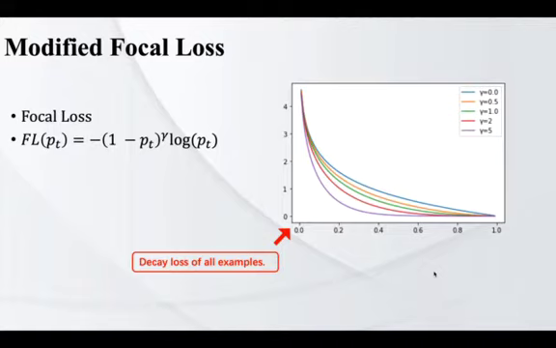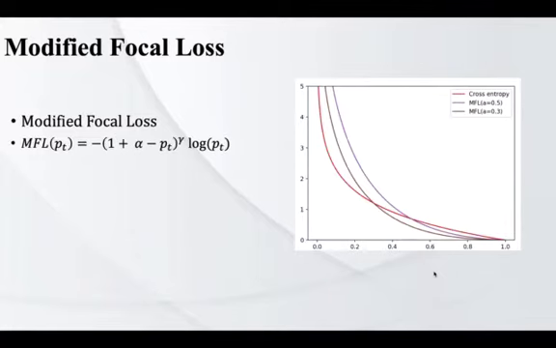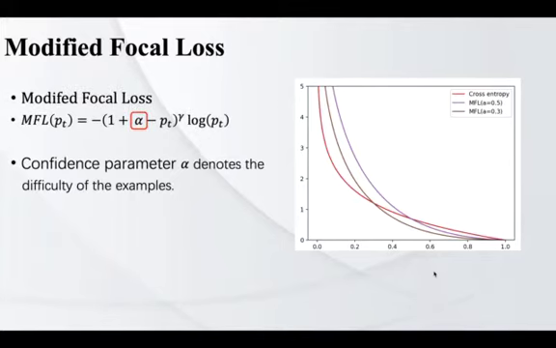It's not reasonable, and to address this, we add a confidence hyperparameter alpha into the focal loss. The confidence parameter alpha denotes the difficulty of the example, and as shown on the right side, if the output probability is greater than alpha, the input polyphonic character is considered easy to classify, and the loss value of the input character would be decreased.